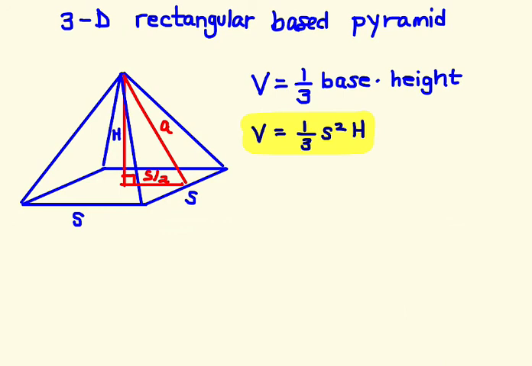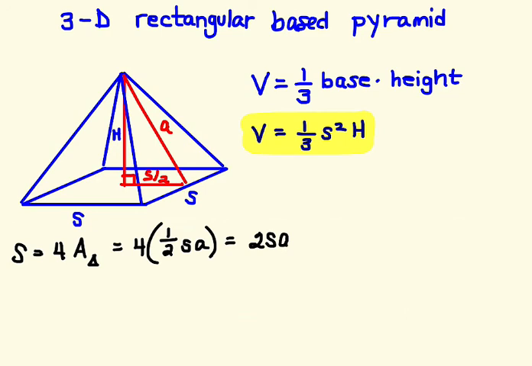All right? So let's go ahead and find the surface area. The surface area is 4 times the area of our triangles, which is 1/2 of base S times height A. 4 times 1/2 is 2, so it's 2 times the side length S times A, which is the altitude of the triangle.